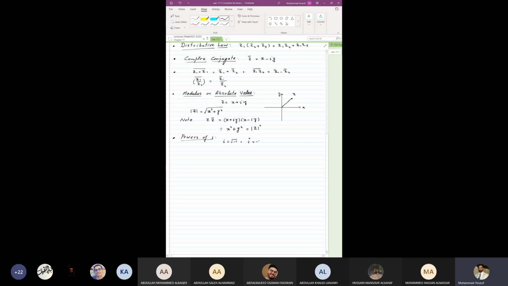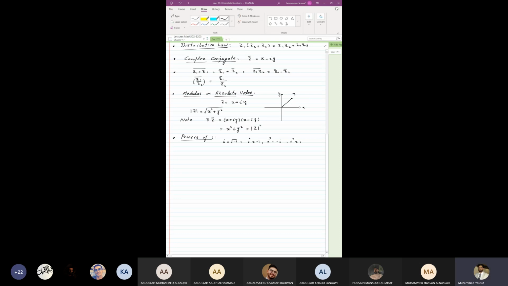Then i square is -1. i power 3 will be -i. And i power 4 is +1. And this cycle will repeat itself after 4.